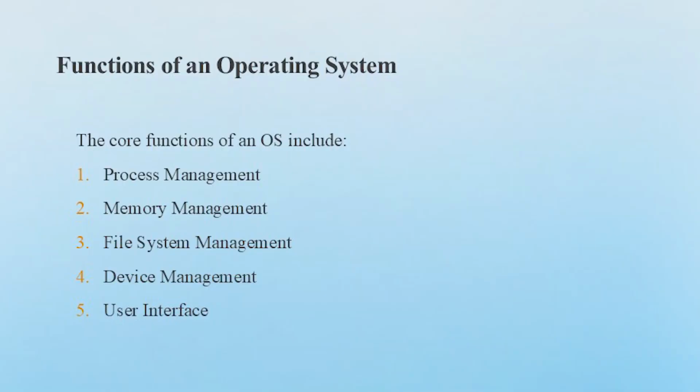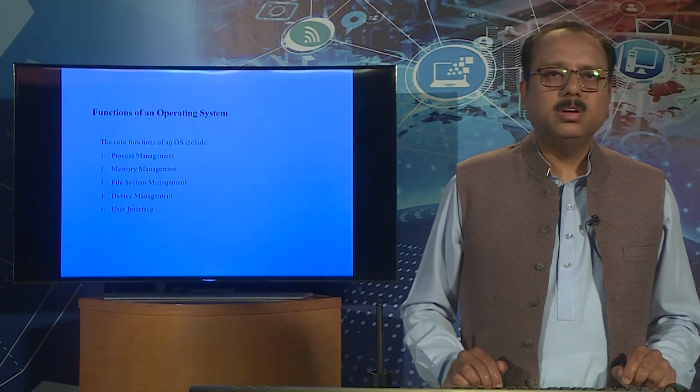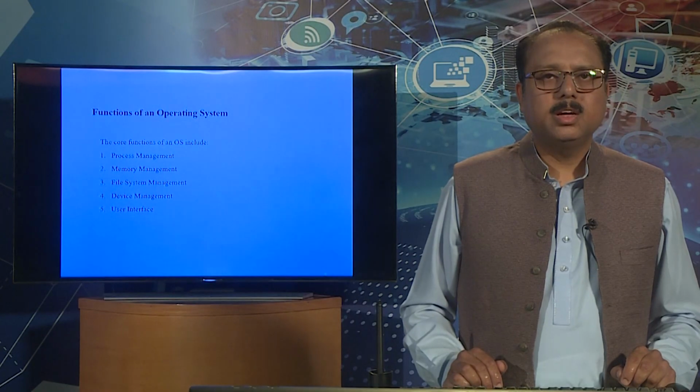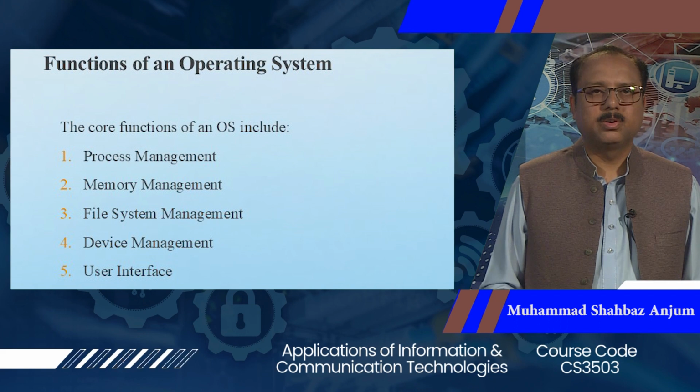If we discuss the functions of an operating system, the core functions include the most important 5 components: number 1 process management, number 2 memory management, number 3 file system management, number 4 device management, and number 5 user interface. We will discuss it one by one. In process management, the handling of all active processes in the system is included.